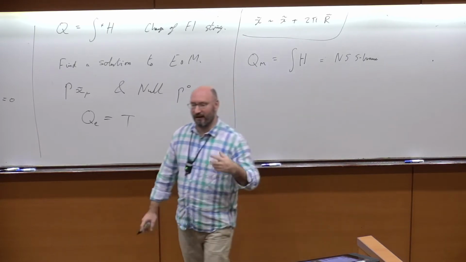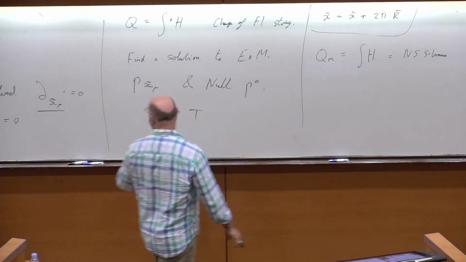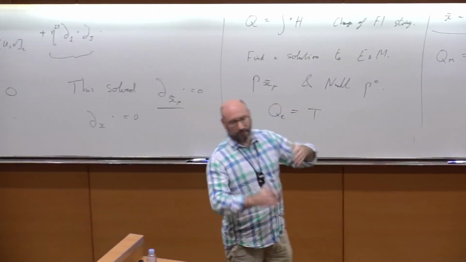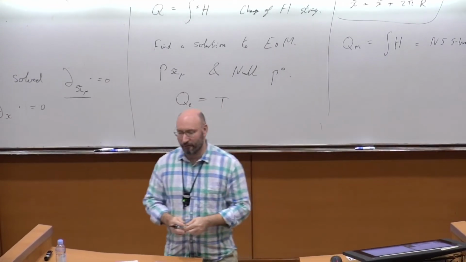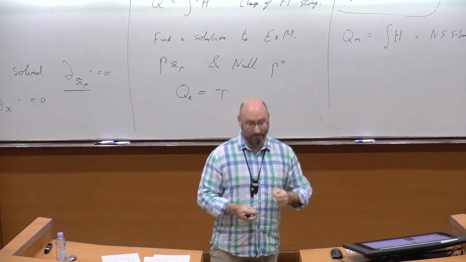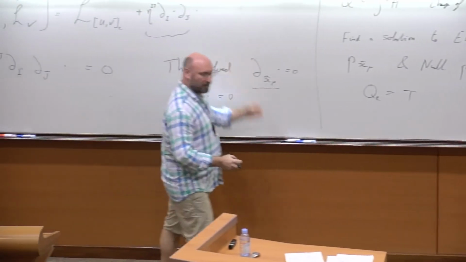Now, the reason why I'm emphasizing this is that there is often a discussion, so when I wrote down this action, this is called double field theory, and there's often a discussion, how real are the extra coordinates in double field theory if nothing depends on them, right? I've got this thing and said nothing depends on it here.